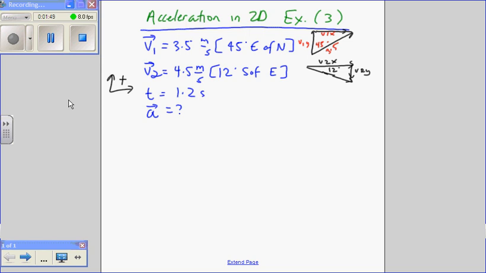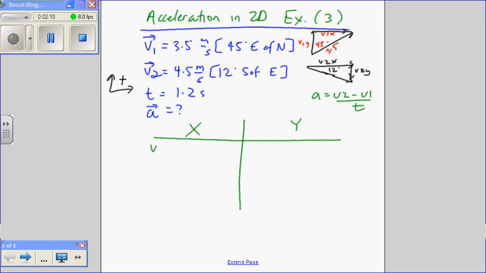Going to start by breaking it up into x sides and y sides, remembering that the formula for acceleration is... essentially the first step is to find v2 minus v1 in the x direction and v2 minus v1 in the y direction. We'll worry about the time later.